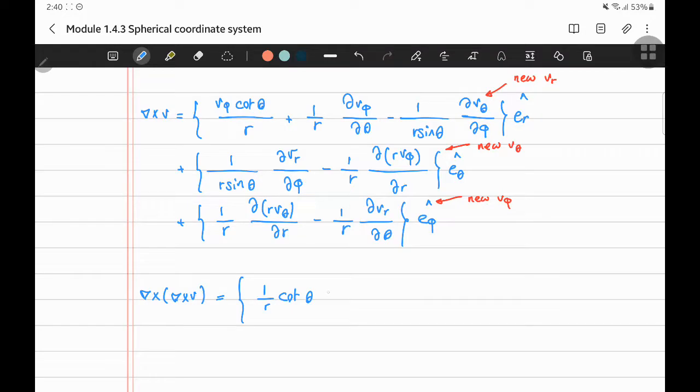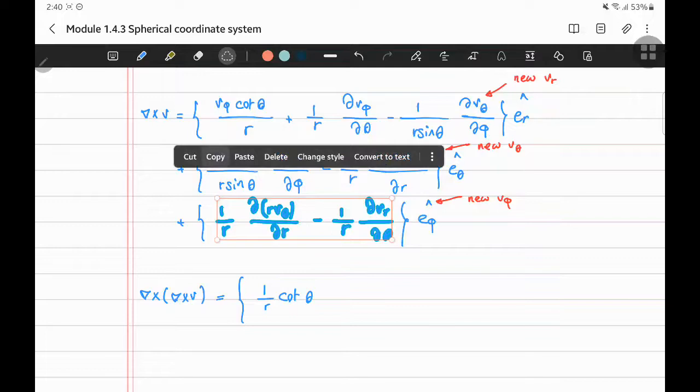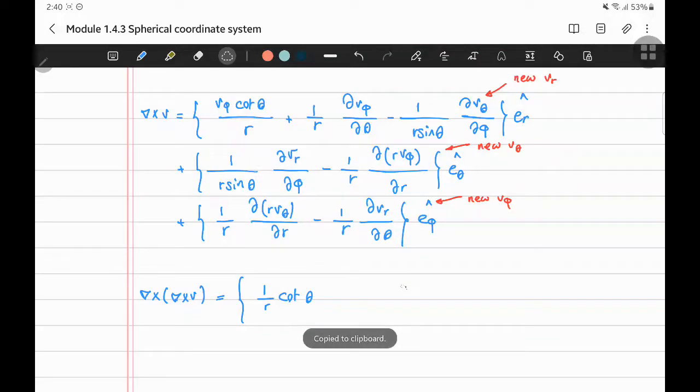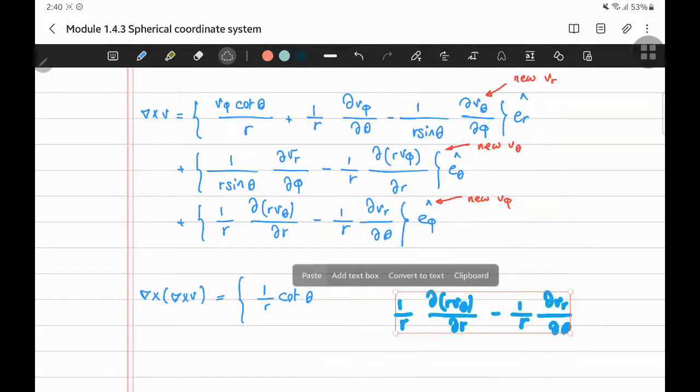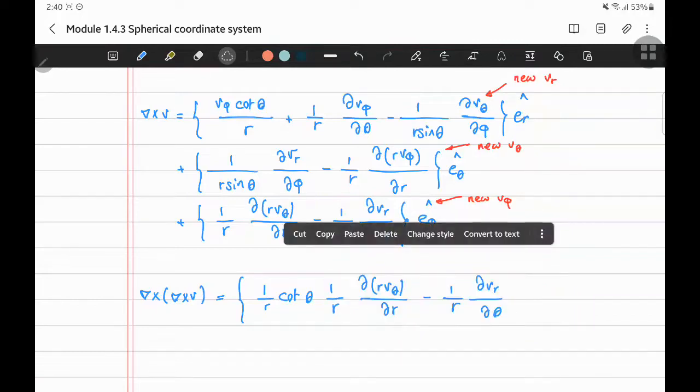So I have to put this, let's say, 1 divided by r. So I have to copy and paste this from here. So copy and just paste it in here.